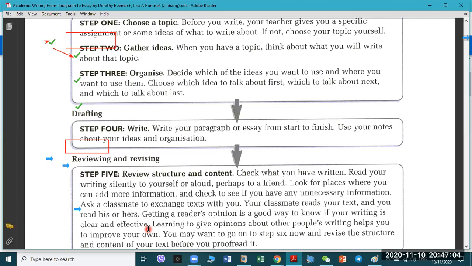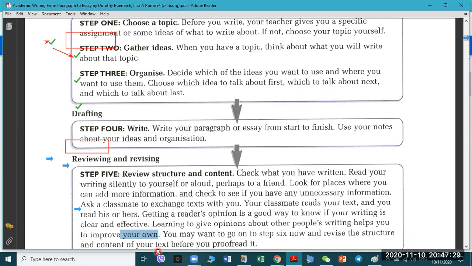Learning to give opinions about other people's writing helps you to improve your own writing. This is what the writer means, okay? After you learn to take and give opinions to and from others, it gives you the opportunity to improve your own writing, okay?